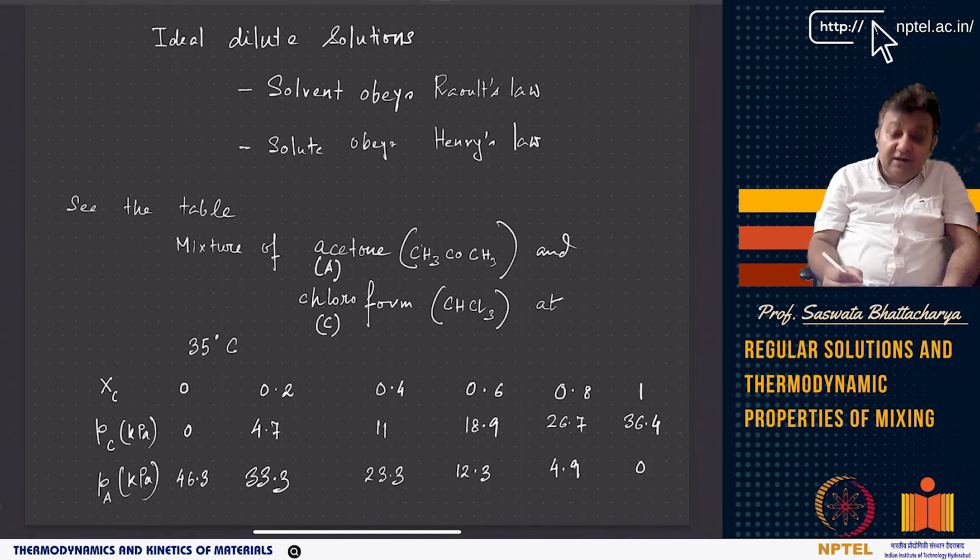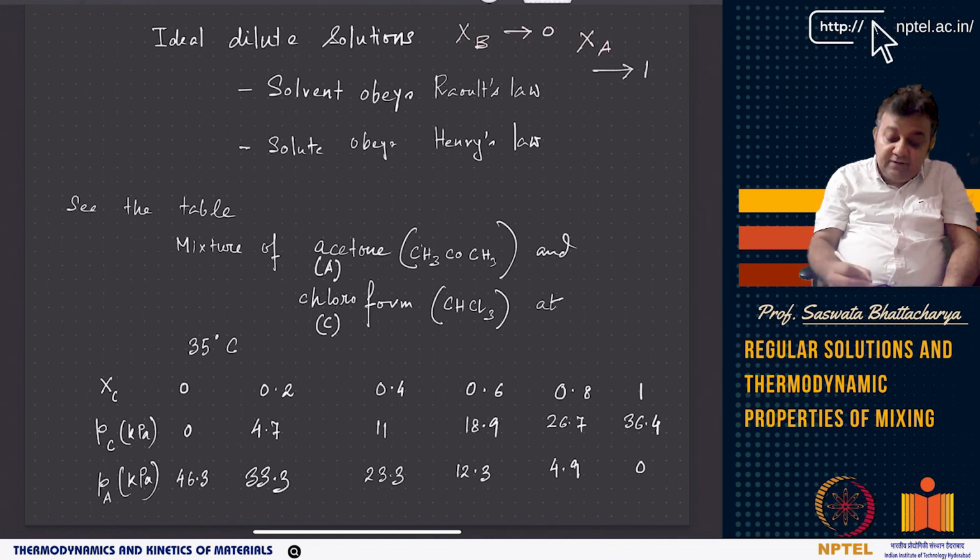So as we know, in ideal dilute solutions, there is this solvent. Dilute solution means where the concentration of solute, say B is the solute, then XB tends to 0, and XA, that is the solvent, tends to 1.